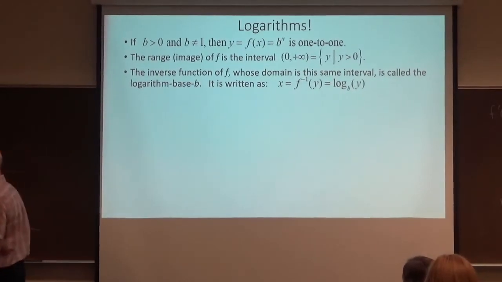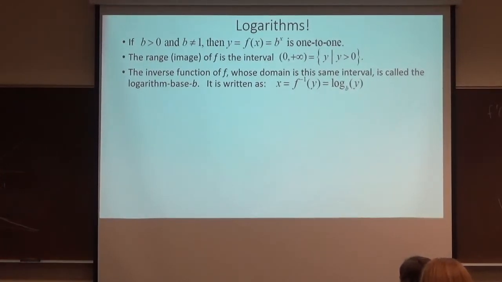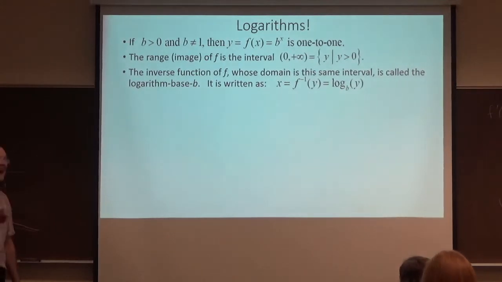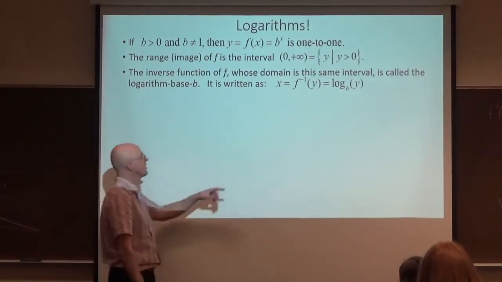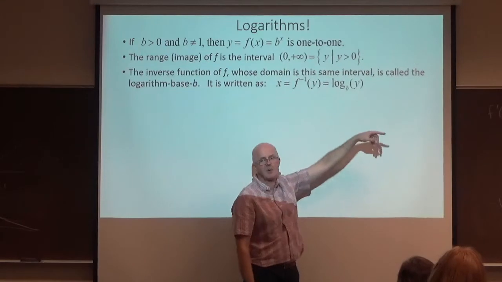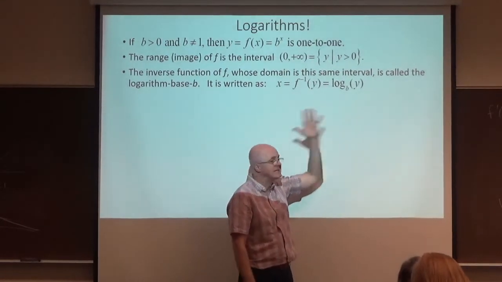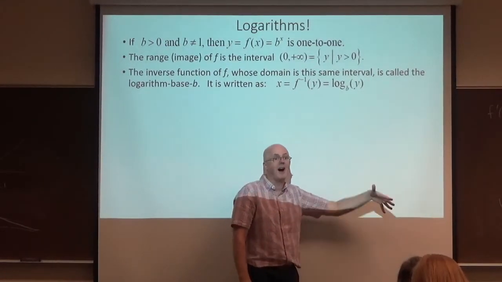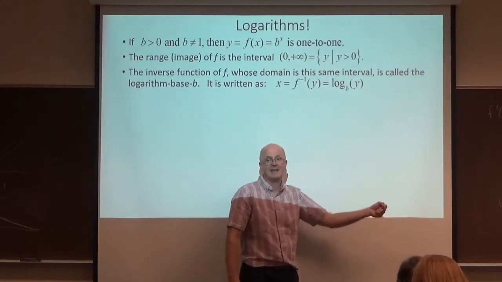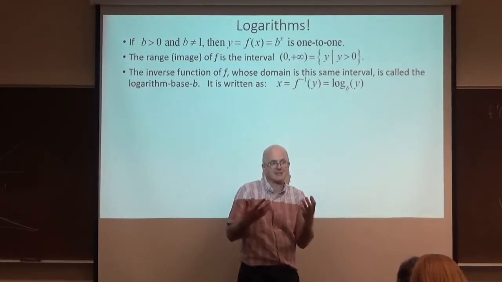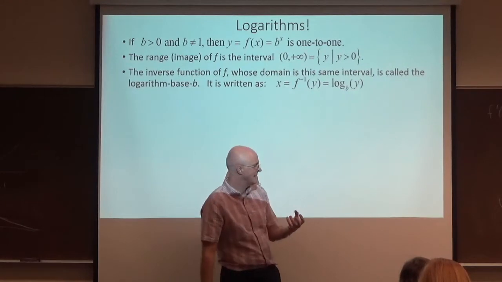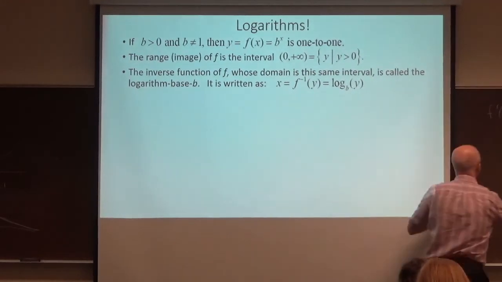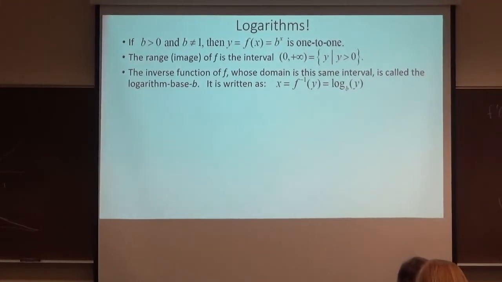Log base b, logarithm base b, log sub b of y. Say of y, not times. There's no multiplication going on over here. It's not log times y. It's not log times b. It's not b times y. It's log base b of y. It's a function of y. It's a function that's just got a special name and a special symbol. If b is 10, that's called the common logarithm.